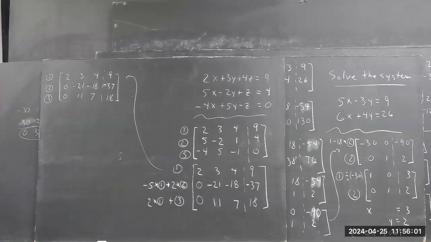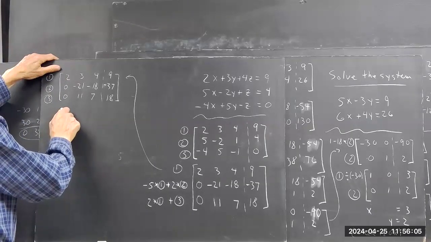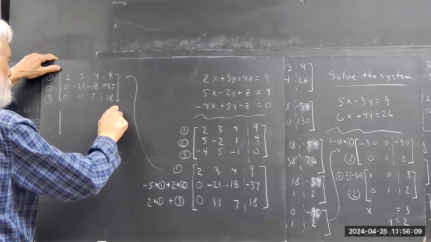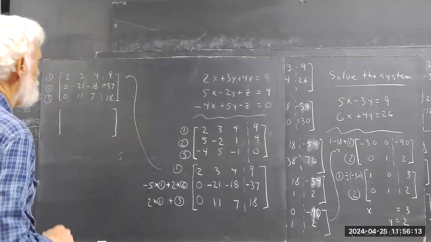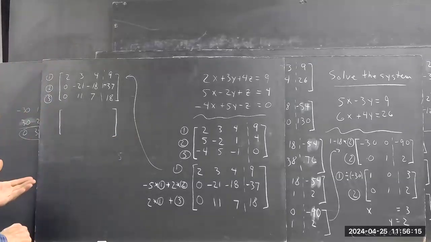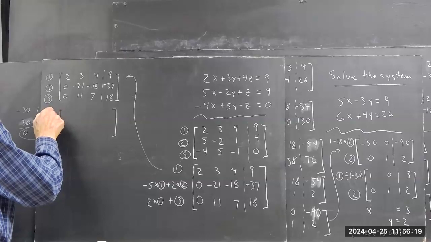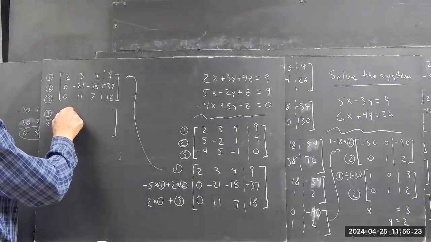Now, the next thing I want, the numbers are going to get a little messy. Rather than me telling you what to do here, one thing I'll do is we're just going to copy down rows 1 and 2.